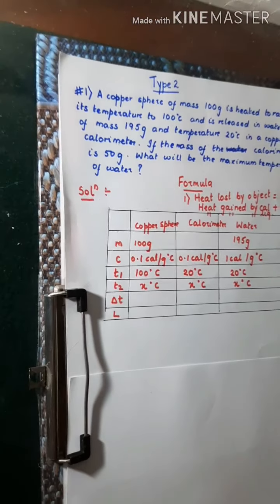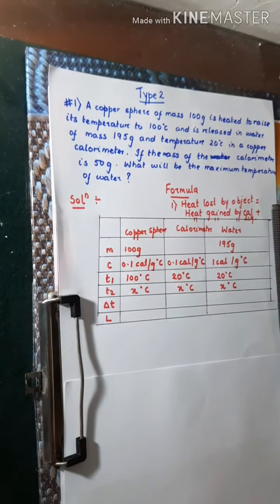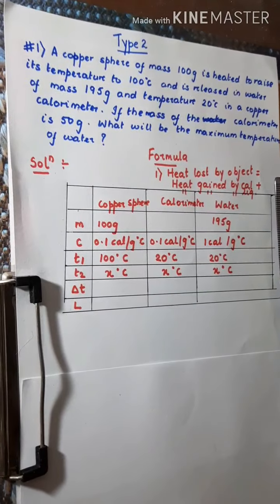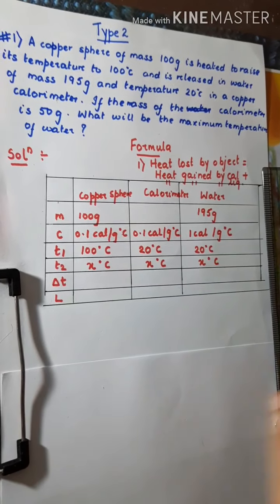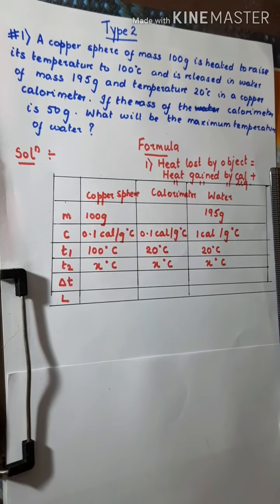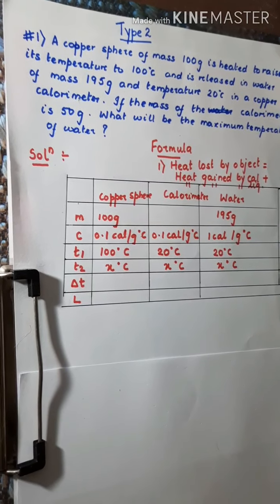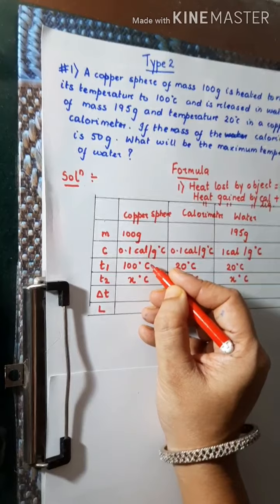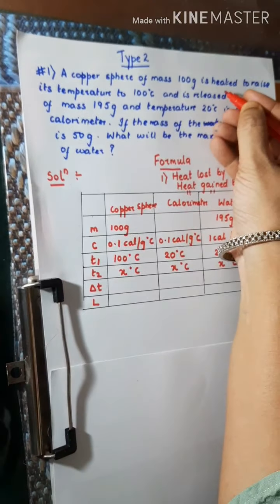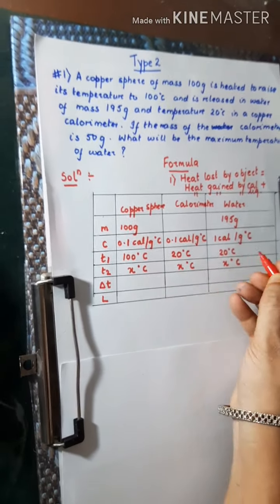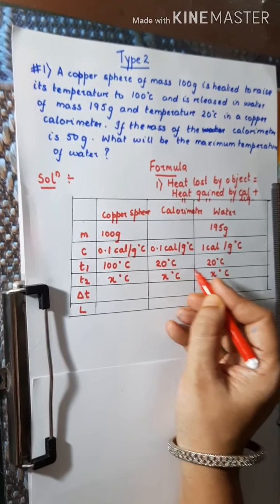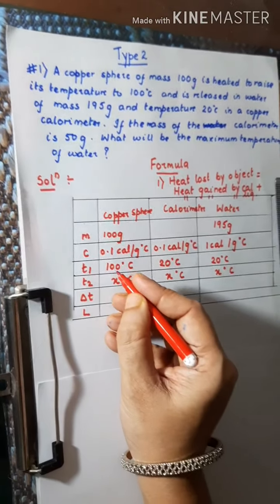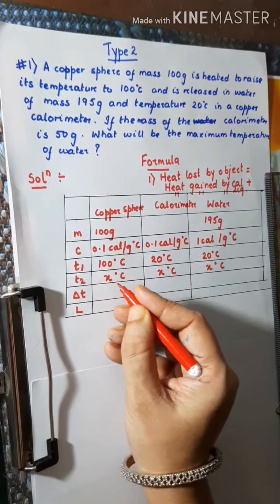Right? Now, tell me, what is delta T? This is very important. How to find out delta T? Let us see how to find out delta T. Now, this is my copper sphere. It was heated and it was dropped in a calorimeter which had liquid which was at 20 degrees. Okay, so the temperature from 100, it is going to reduce.